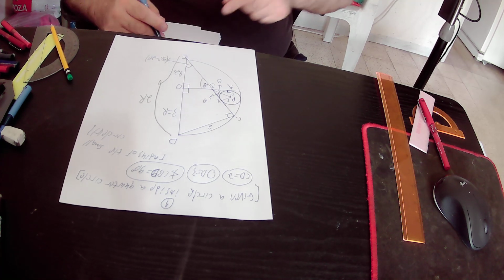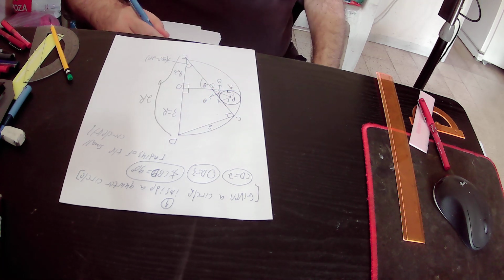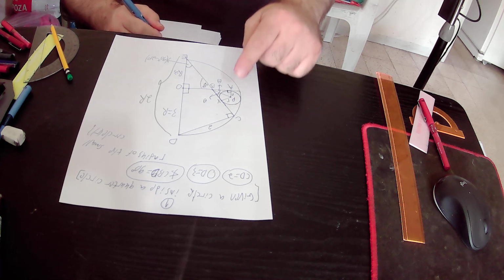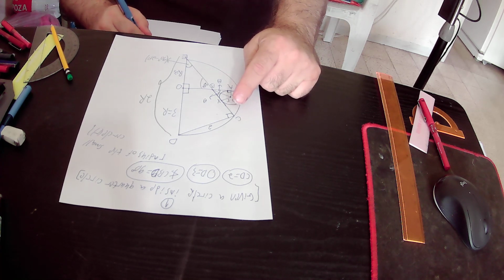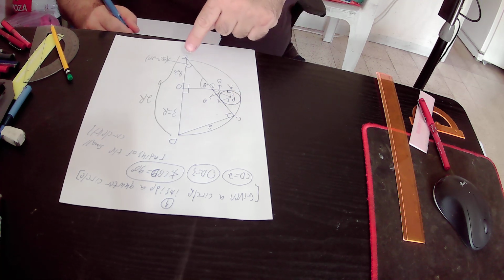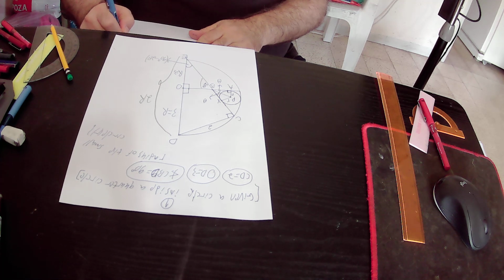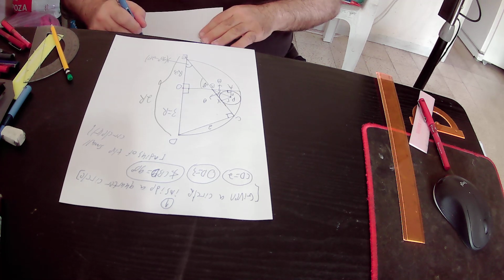So we can write down that angle CDE plus this angle that equals 90 degrees plus this angle that equals 90 degrees minus 2 theta, the sum of those three angles, must equal 180 degrees.